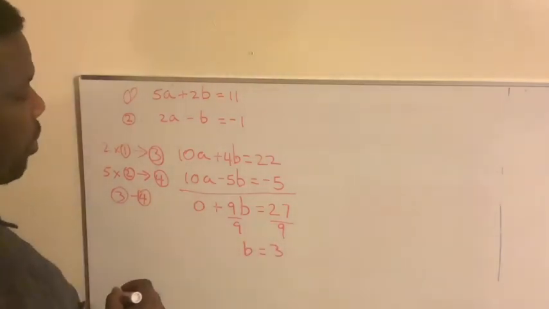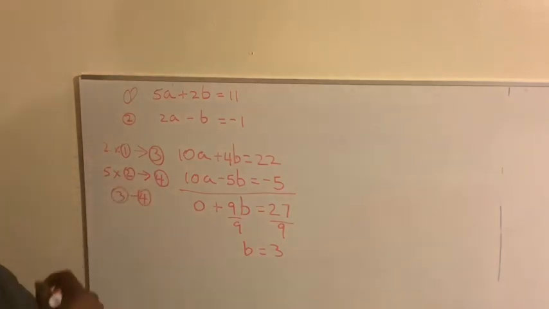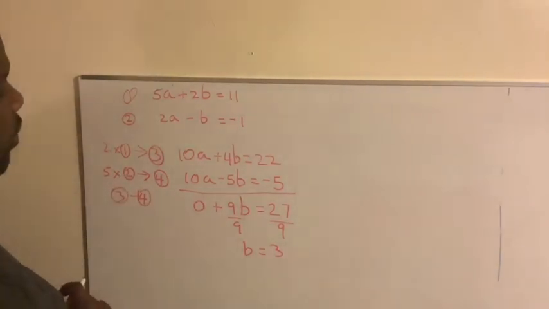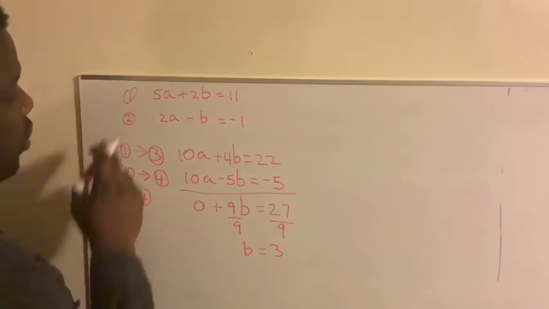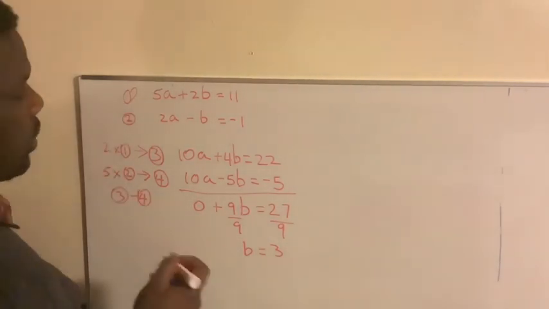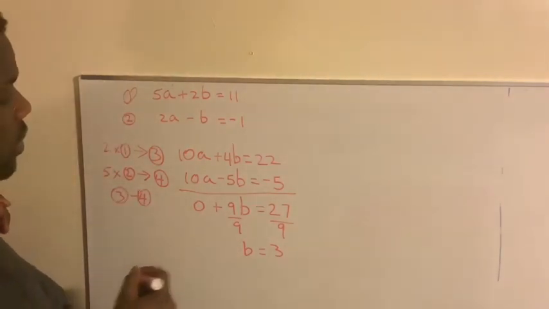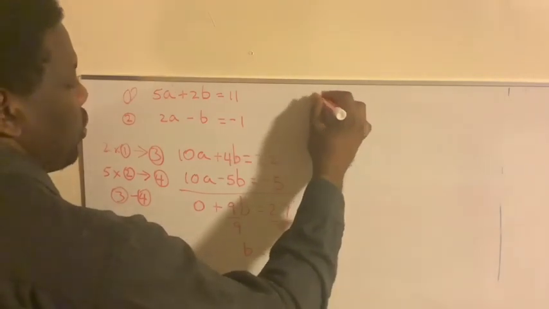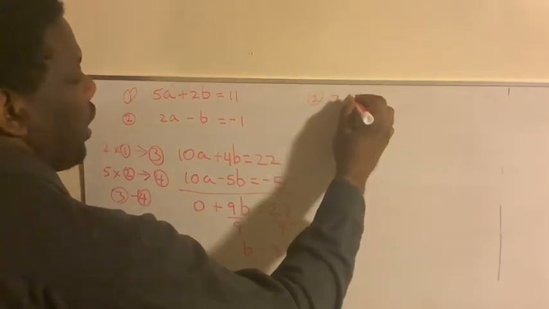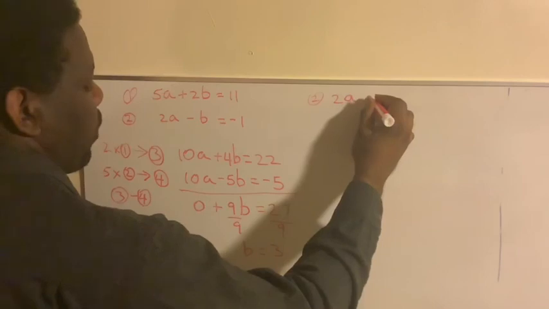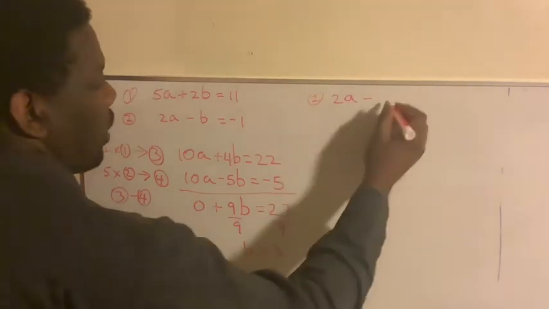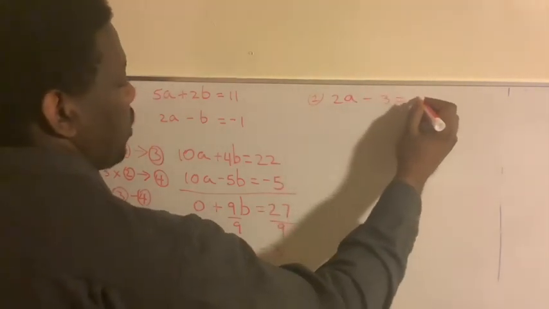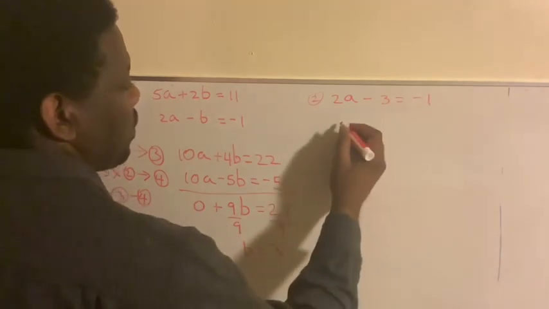Now that we know what b is, we can go back into any one of the 4 equations and figure out what a is. So let's choose equation 2, since it looks the simplest. We have equation 2, 2a, subtract, we know b is 3, is equal to negative 1.